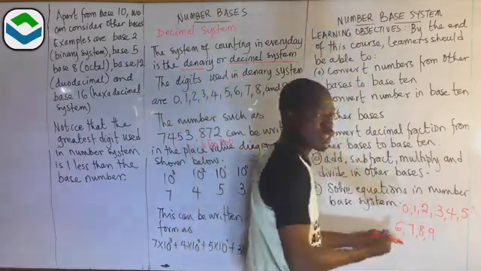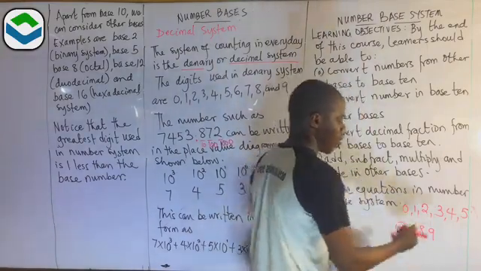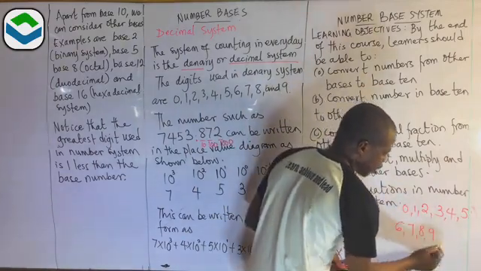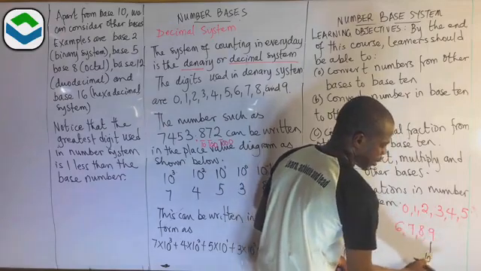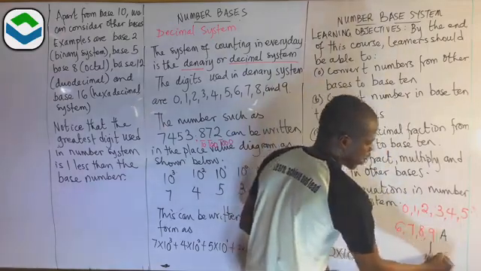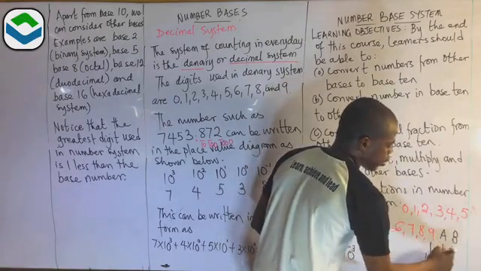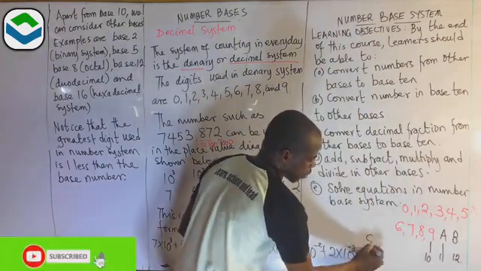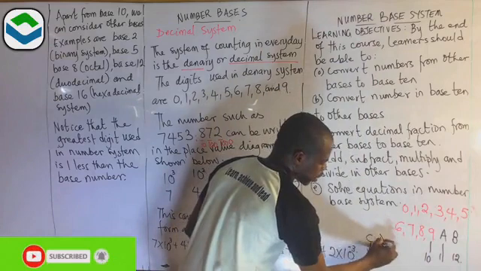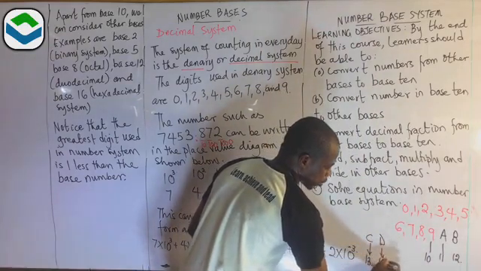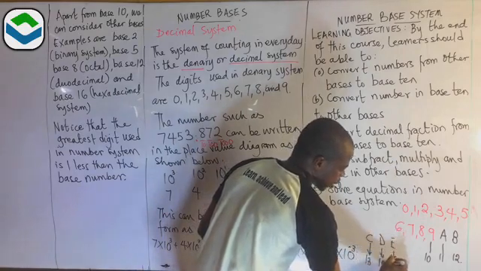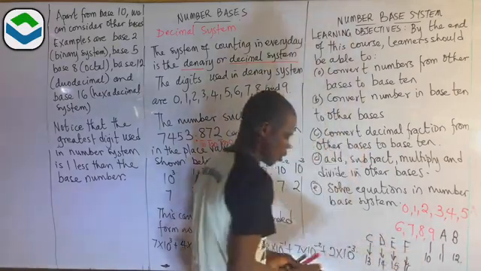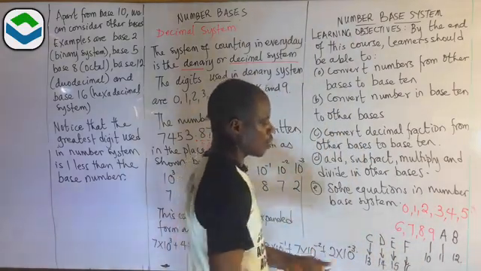So when you want to represent numbers beyond base 10, for base 11 you have A. A represents 10, and you have B, which represents 11. Also, we have C, which represents 12. You have D, which represents 13. You have E, which represents 14. And you have F, which represents 15. So that is how the other bases are represented.